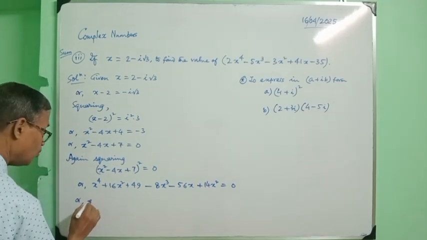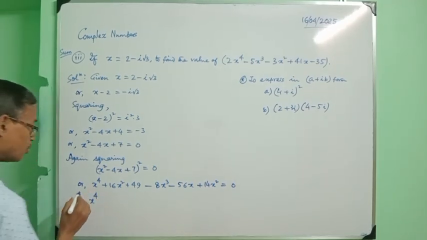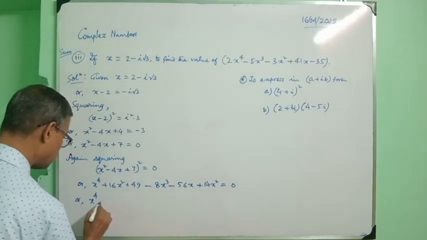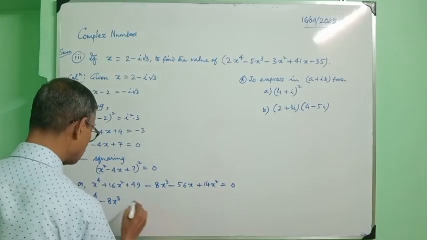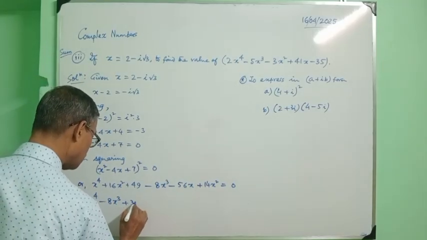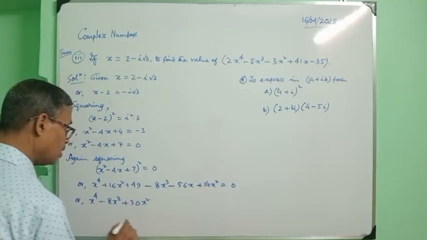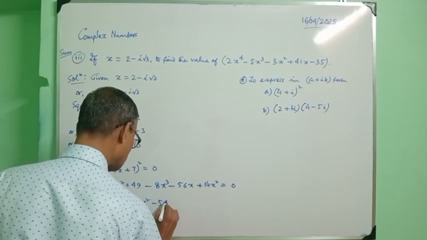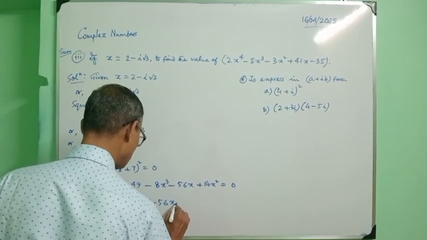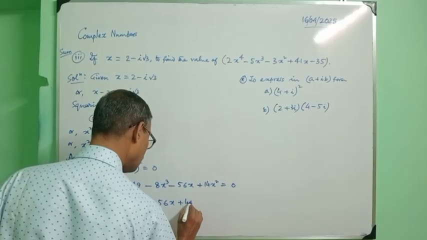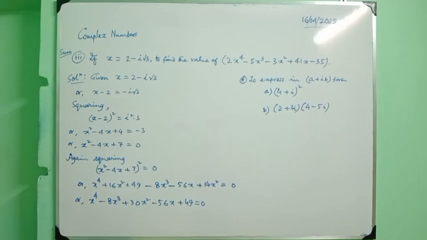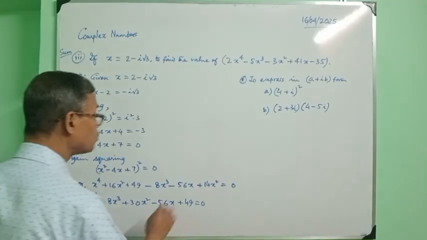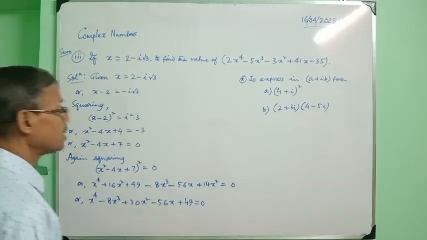Or x to the power 4, then I take x cube term minus 8x cube, then x square term plus 30x square, then x term. After squaring we get this one. Now we write that expression.